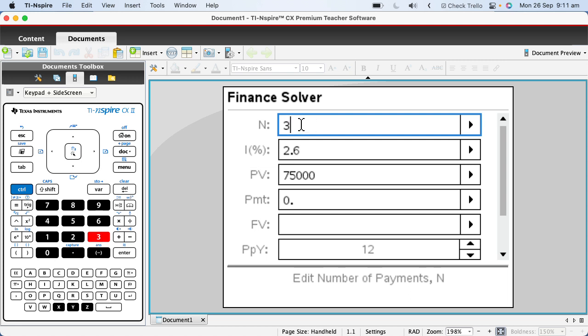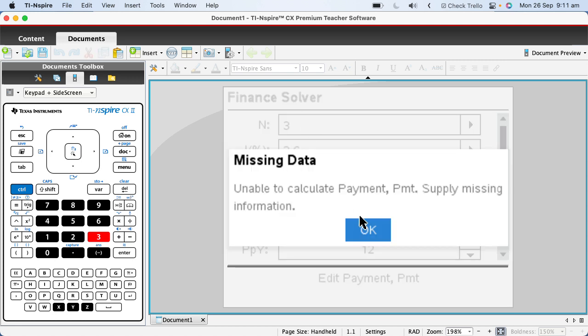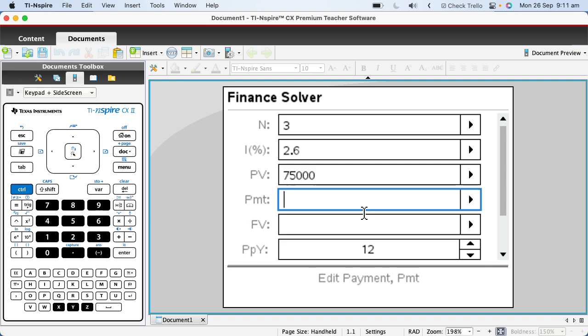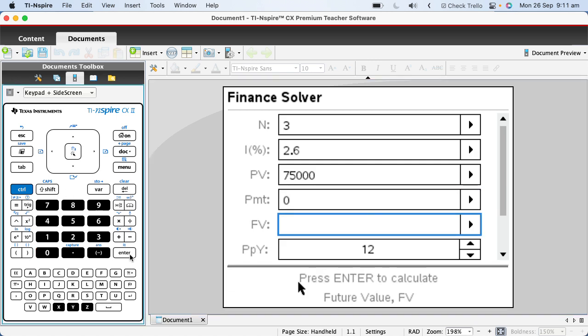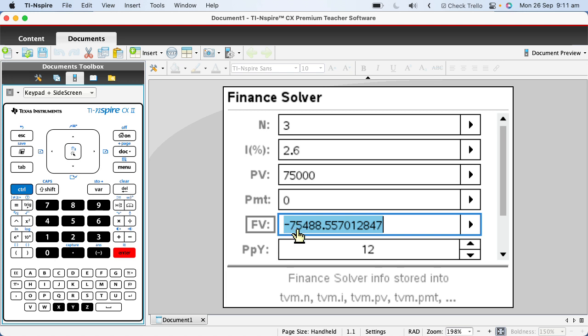That's how you would do it. You would put 3 in for N, 2.6, $75,000, and then 0 for payment, and for the final value you just press enter, and that's what it will be worth: $75,488 after 4 years. Sorry, after 3 years. That's how you use it.